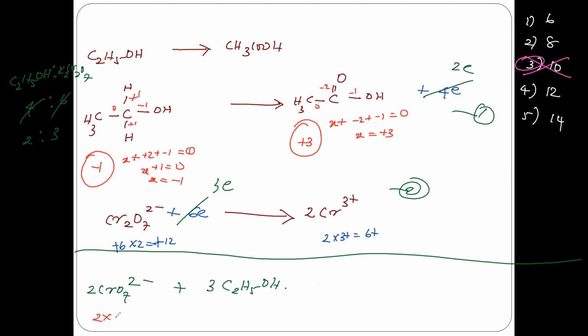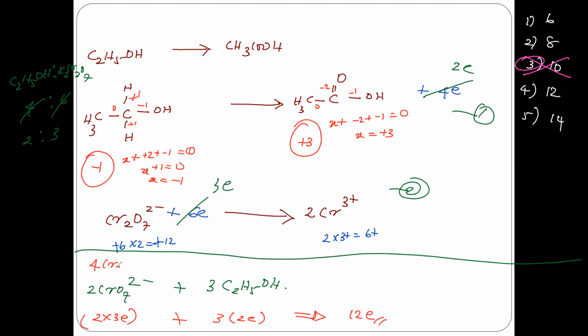So 2 into 3 electrons plus 3 into 2 electrons. So your answer is 6 plus 6, 12 electrons. So though you did not take the smallest ratio, what will happen? You will get the answer here.